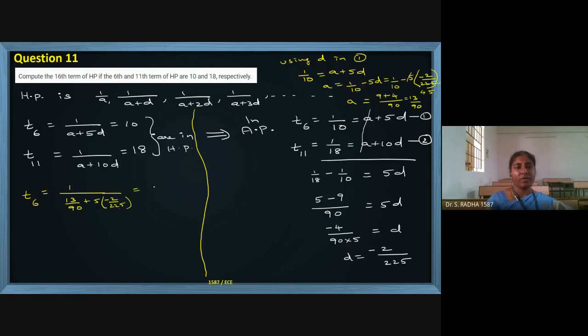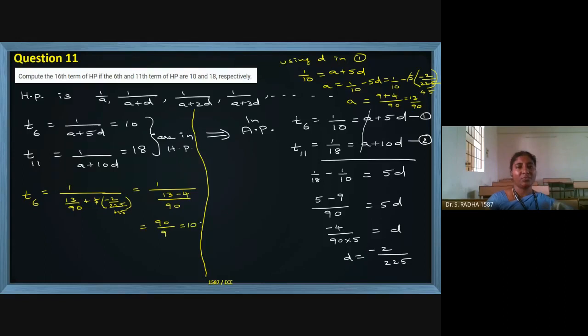If you simplify, it becomes 1 by, with LCM 90, 13 minus 4, and this will be 90 divided by 9.